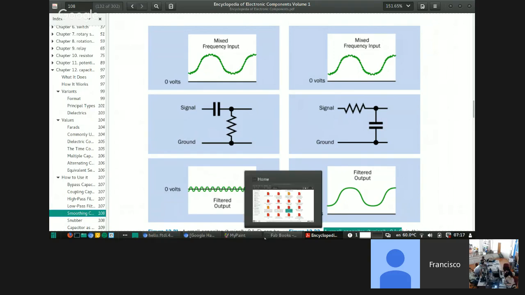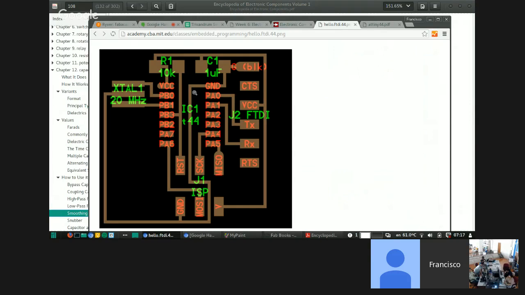So in here, the signal is coming from VCC. In this case, it's not doing that, okay? You are only using this capacitor.